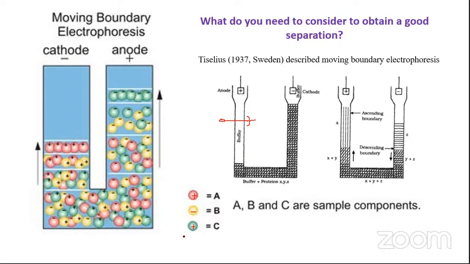Now can you separate them? I have just added one perspective here, a way to think over it. If I have A with positive charge, B with negative charge, and C with positive charge, can you segregate them from each other?